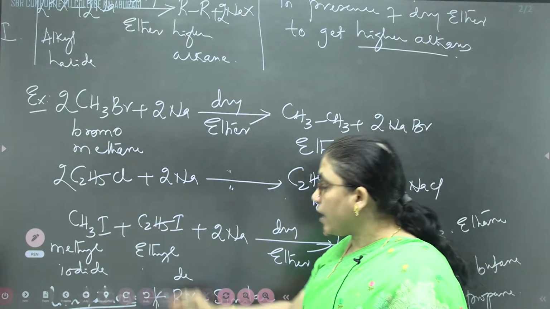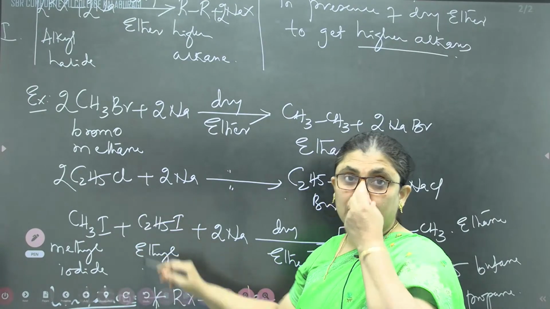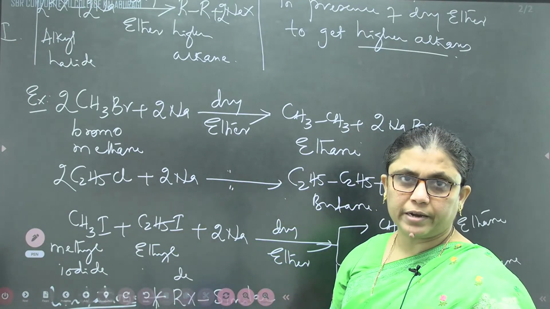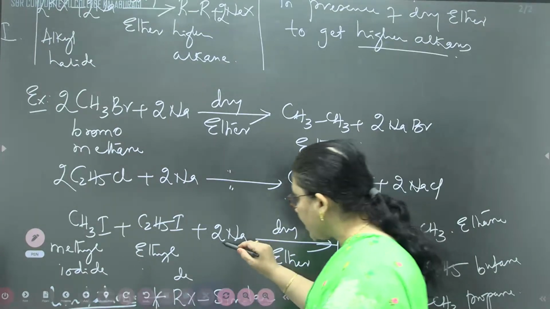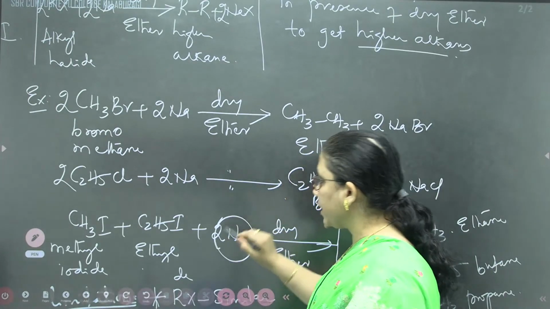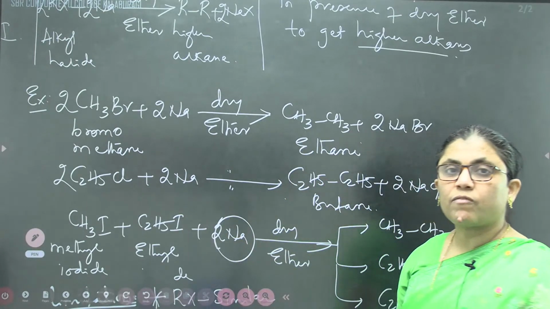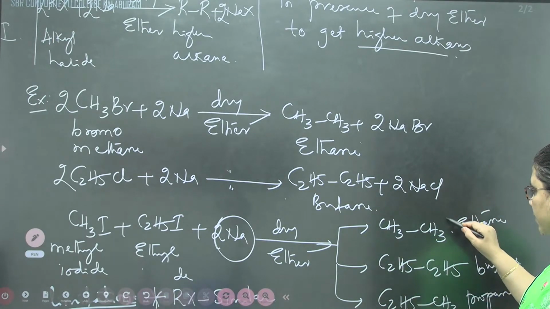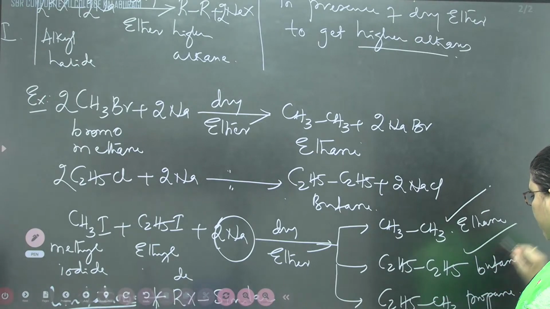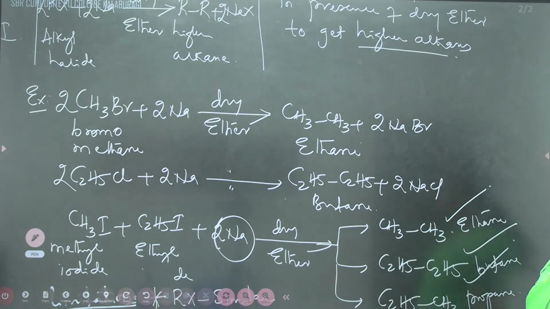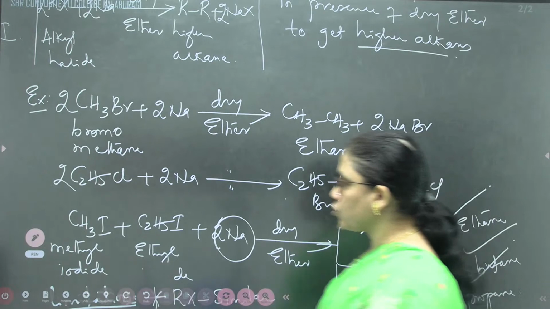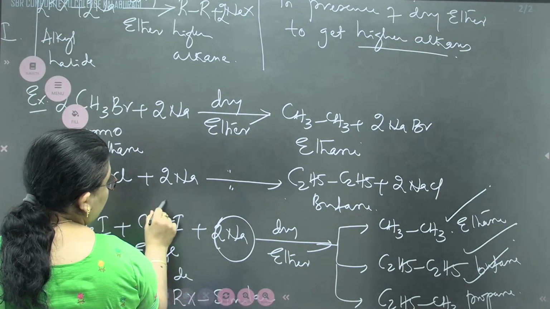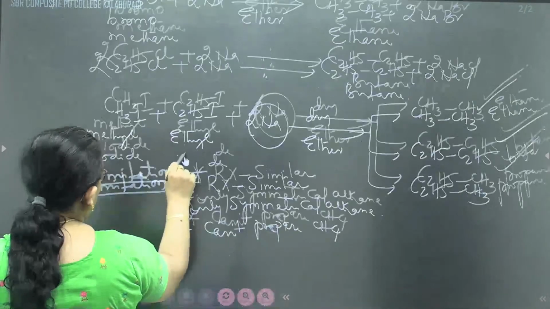Another way: if I take 2 different alkyl halides, one methyl iodide and another ethyl iodide, then excess sodium metal has to be added, such that we get a mixture of ethane, butane, as well as propane. All the mixture is prepared here.